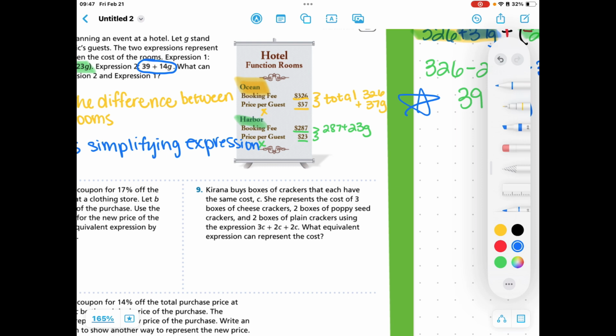What equivalent expression can represent the cost? So with this, we just need to combine our like terms. They all cost the same. She bought 3 plus 2 plus 2 boxes, which comes out to be a total of 7C, or 7 boxes total. And they all represent the same cost. So cost is just C.